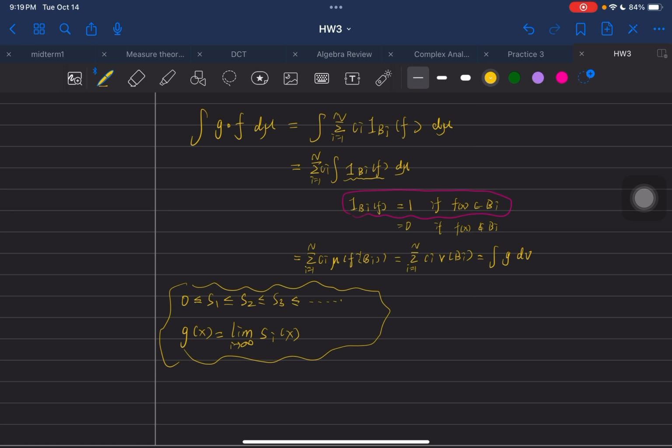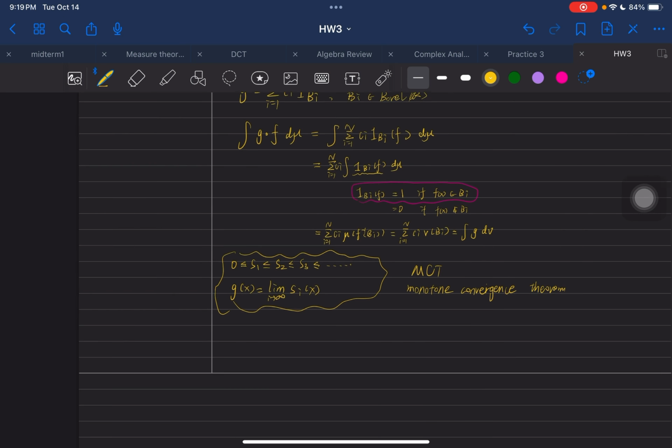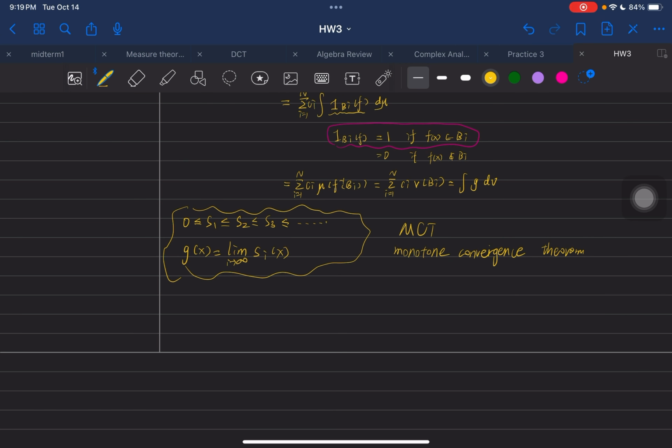So it's pretty natural for us to use the MCT, the monotone convergence theorem, which would give us the results.